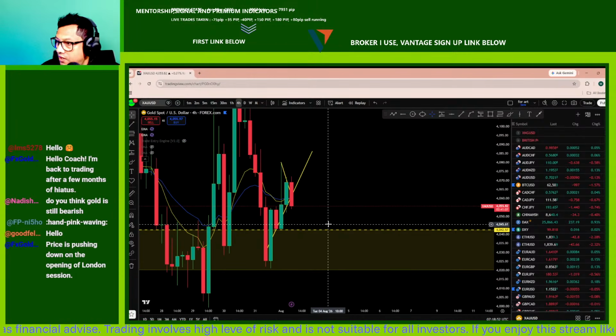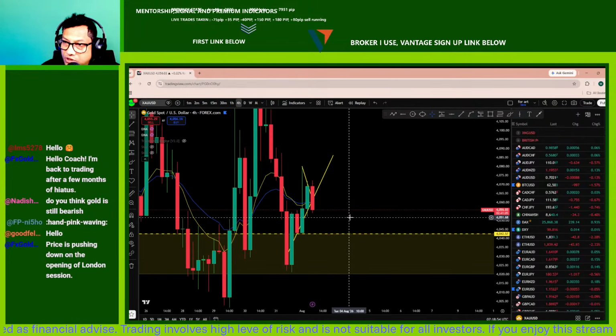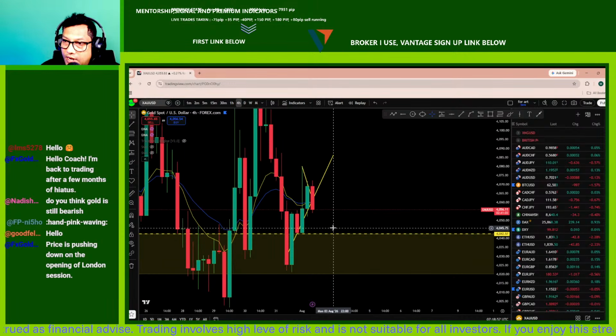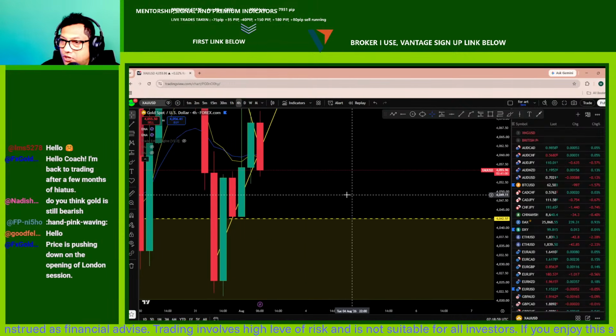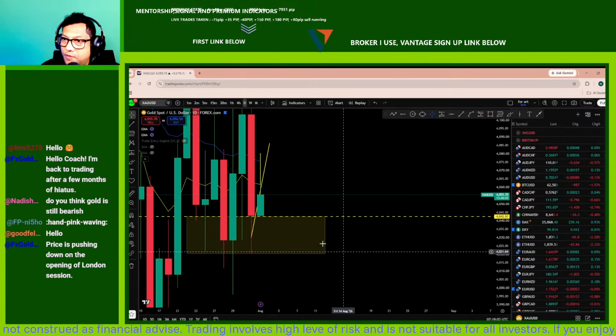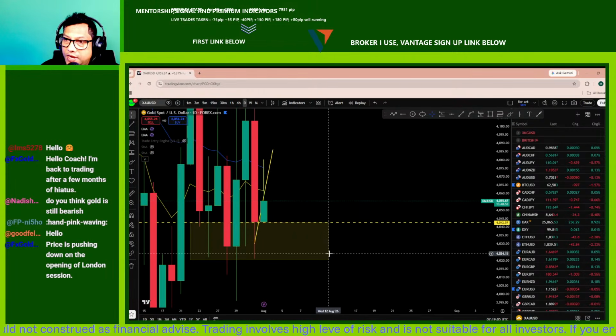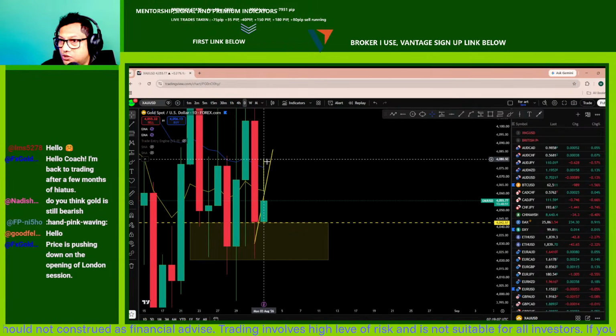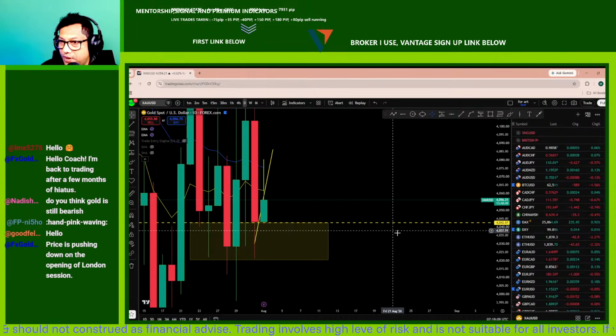This is the previous session's low. So the current level that you can see is the daily support, right? This is where the market opened on the daily, and the price went up, then started to push back below.